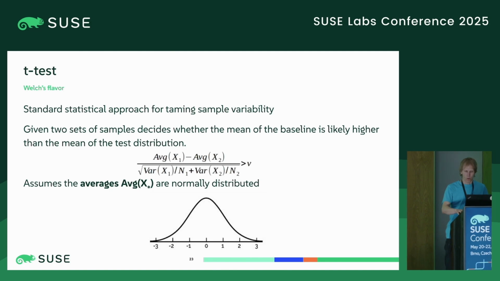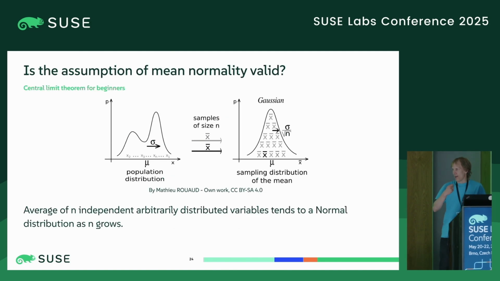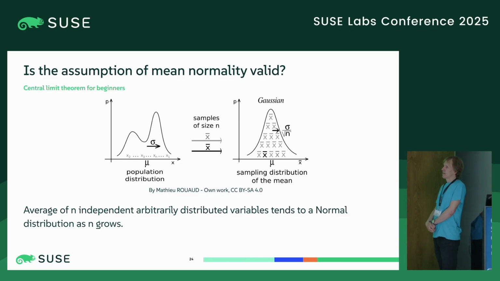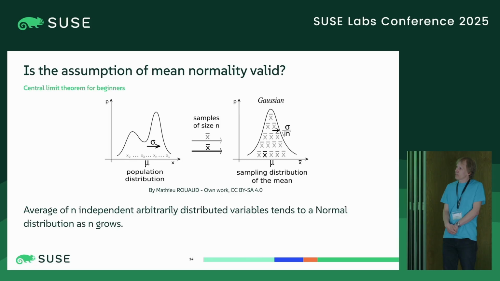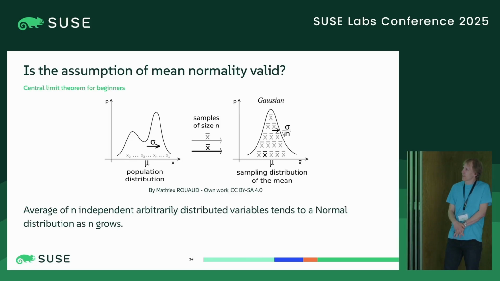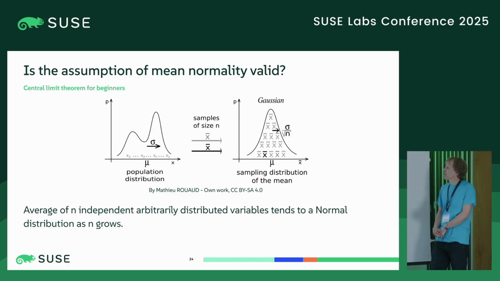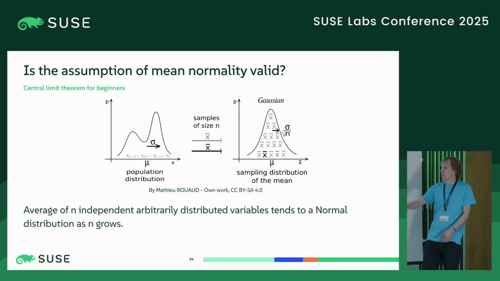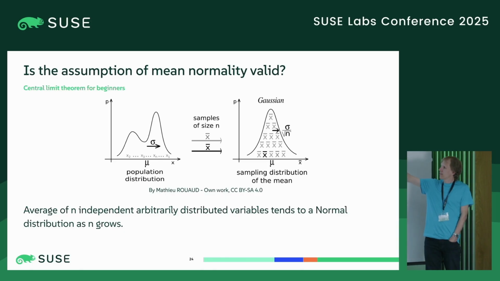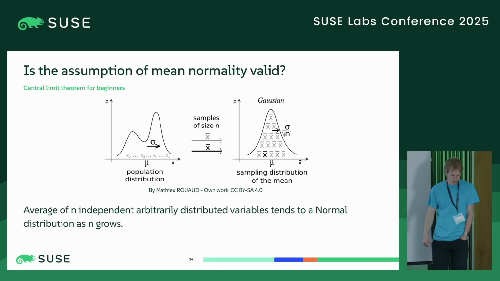And so, can we really assume that the averages are normally distributed? On one hand, it doesn't take that much for them to be normally distributed. And this fact is captured by the so-called central limit theorem, which is captured in this image here. Basically, you are taking random samples from an arbitrary distribution. The distribution can be very weird, like the one drawn over there.